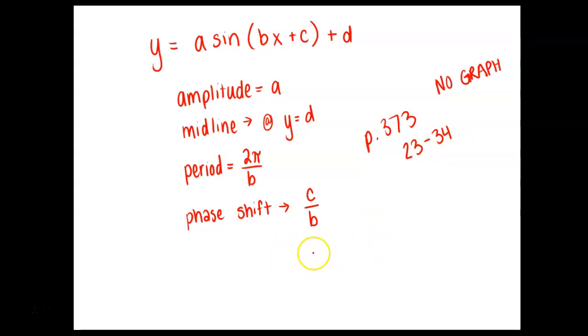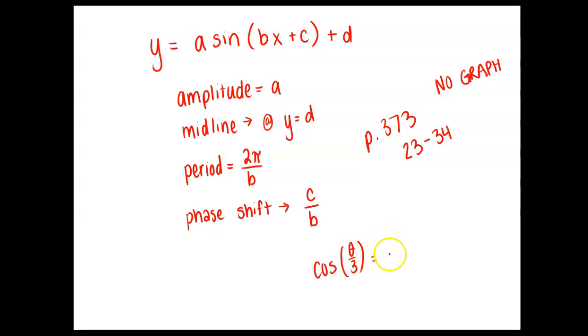If you have, let's say, cosine of theta over 3. What number is your theta multiplied by? It's not 3, right? Because it's divided by 3.